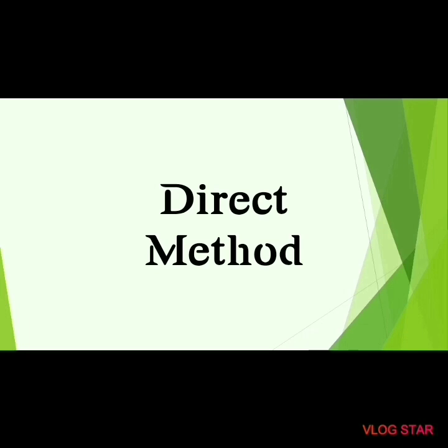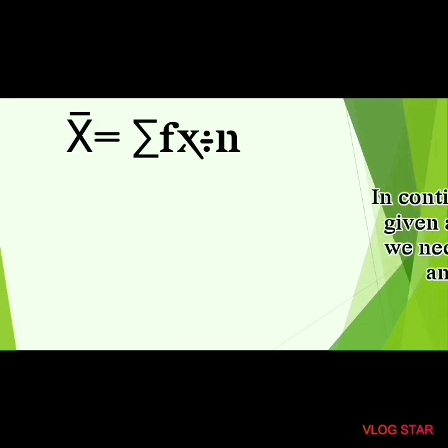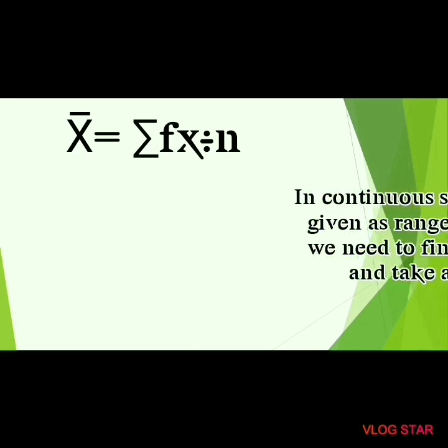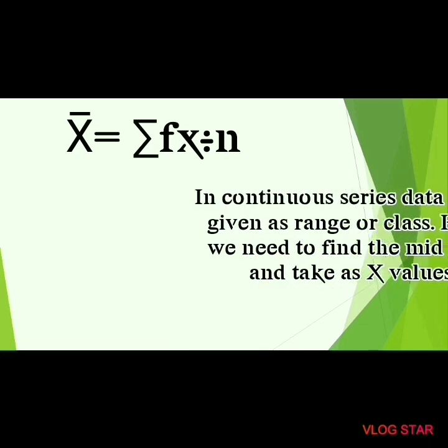The formula for calculating arithmetic mean in continuous series under the direct method is x bar is equal to sigma fx divided by n, where x bar is the arithmetic mean, sigma fx is the total of fx values, and n is the total of frequency.